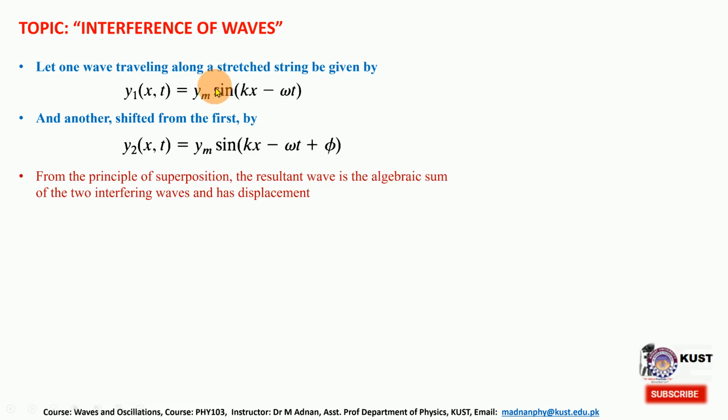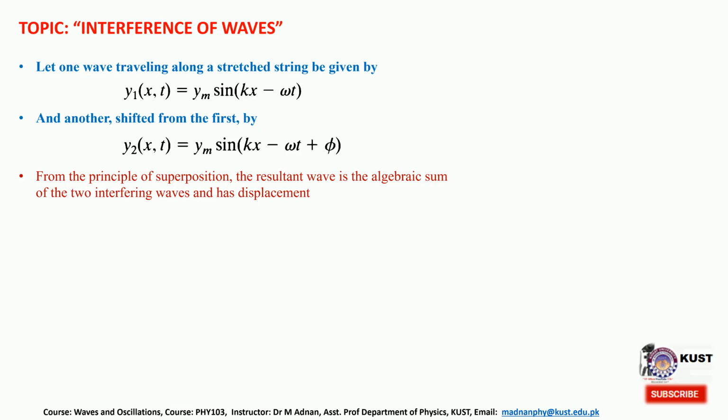So you see, the amplitude of the first wave and the second wave is the same, having the same wavelength because they have the same k, and also the same angular frequency omega. They differ only by this angle phi, which represents the phase difference.